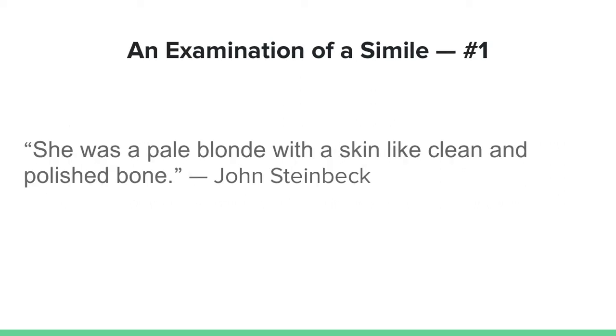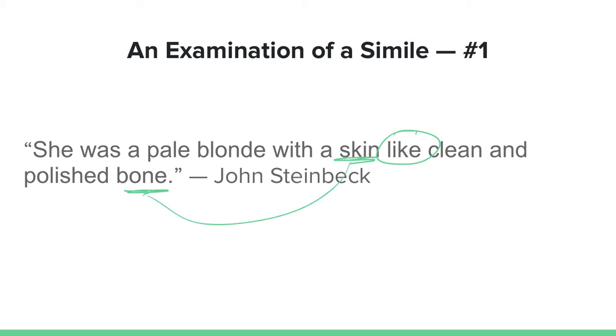So let's dissect a simile by a famous author. This one's from John Steinbeck. She was a pale blonde with a skin like clean and polished bone. Well, there's our like, which makes it a simile, and her skin is compared to bone.